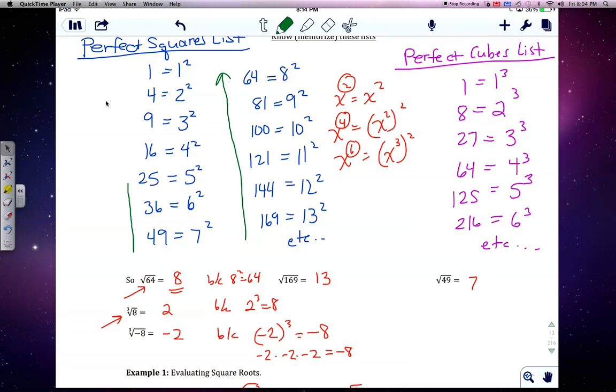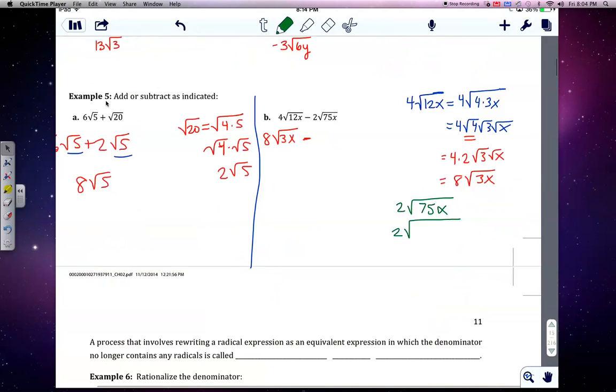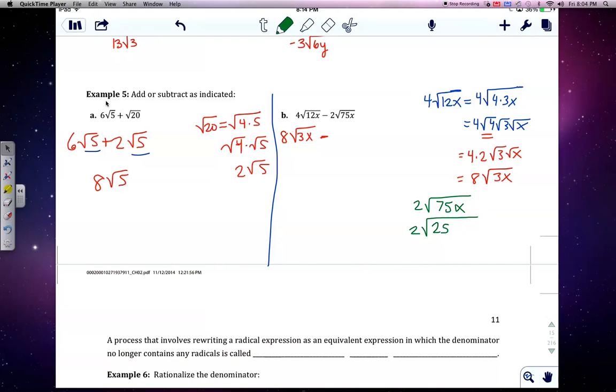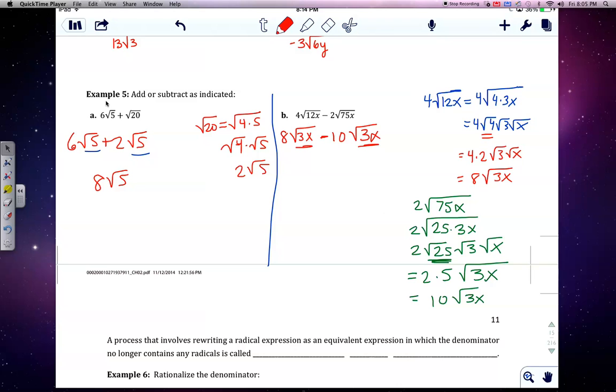And if I stop at 25, I think 25 times 3x. I get 2 square root 25 square root 3. And I put those back together because I can't take the square root of 3 or the square root of x. I get 10 square root 3x. These are the same. So 8 minus 10 is negative 2 square root 3x.